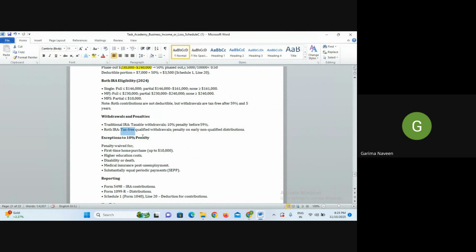Your distribution is tax free. But if you are using it for non-qualified purposes and withdrawing it before this age limit, then you also have to pay a 10% penalty on the earnings. Okay, this 10% penalty will be applicable on the earnings part.